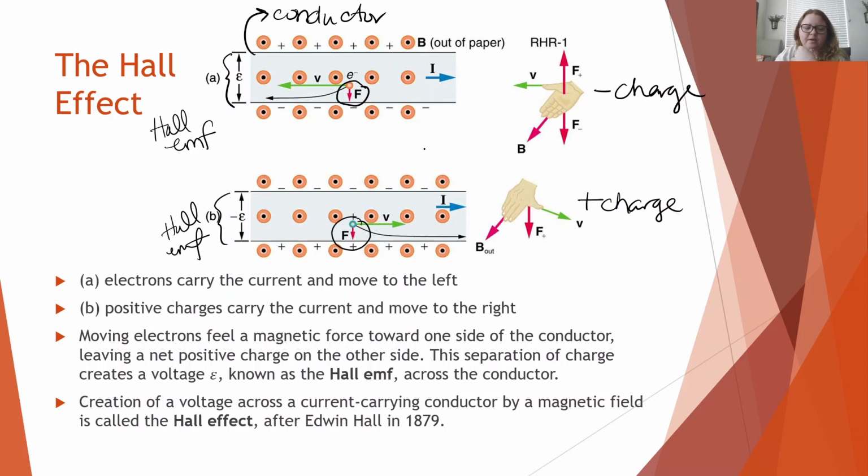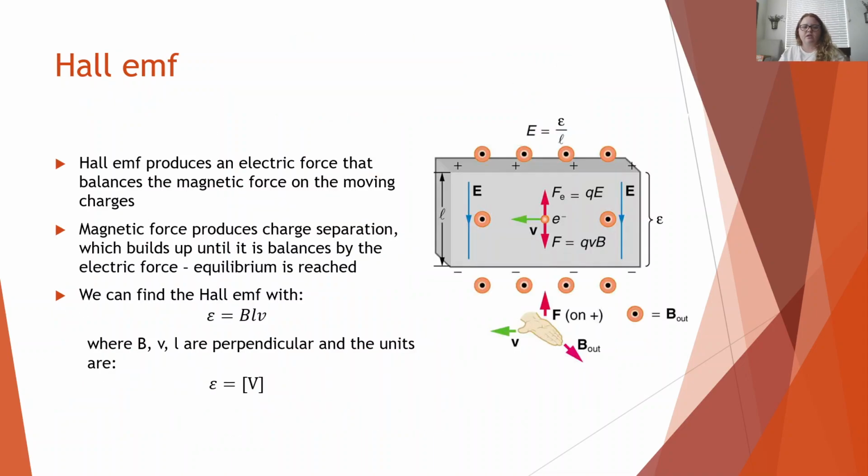Okay. This creation of voltage is called the Hall effect. And this Hall effect, again, is the creation of voltage across a conductor by some magnetic field. The main idea is that the Hall EMF produces some electric force that balances the magnetic force on the moving charges.